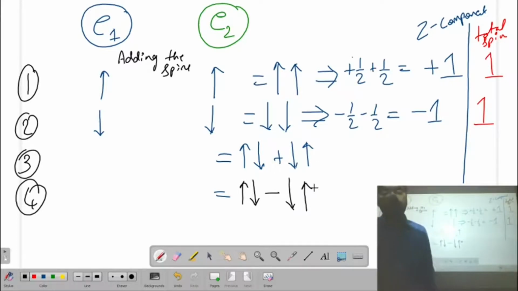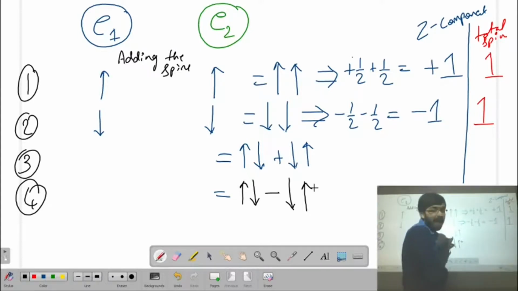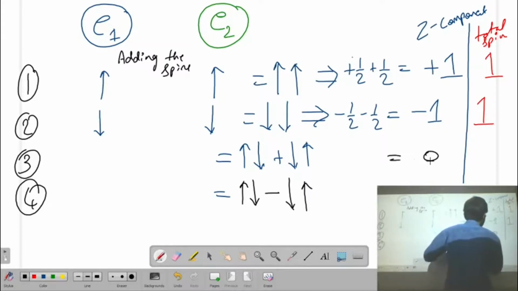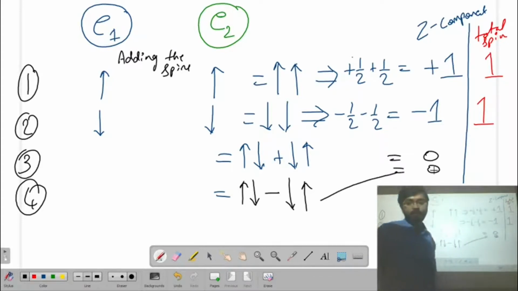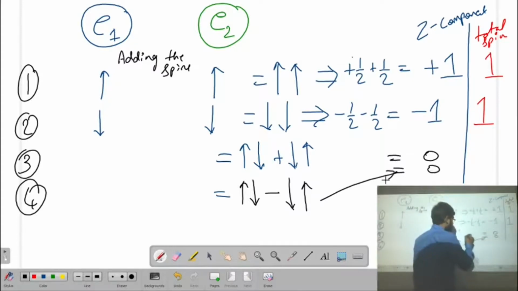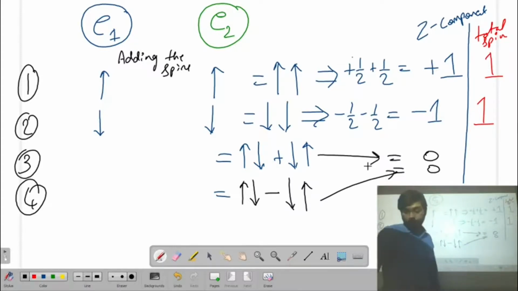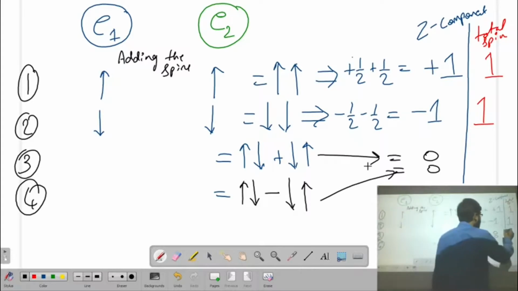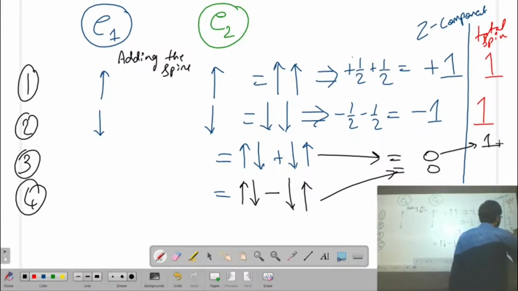Over here we will get z component 0. So this will be equal to 0. This will also be equal to 0. The z component will be 0, right? But we have a total spin of 1, and a total spin of 0.